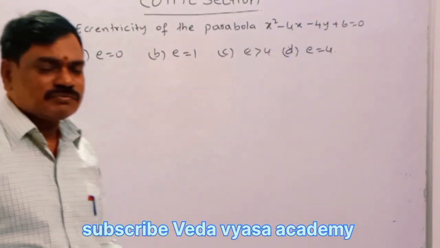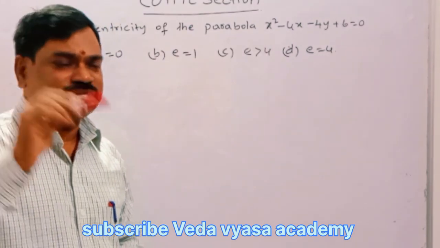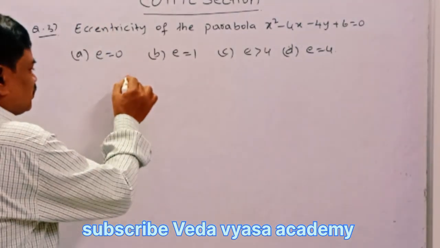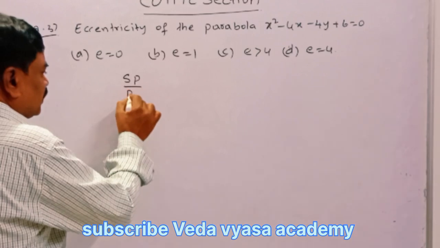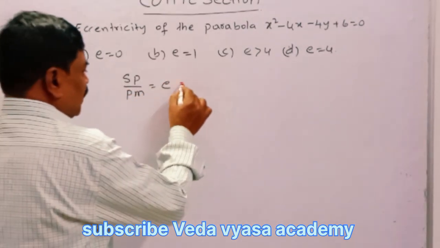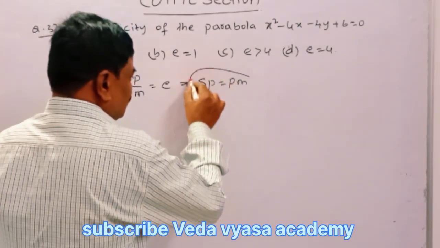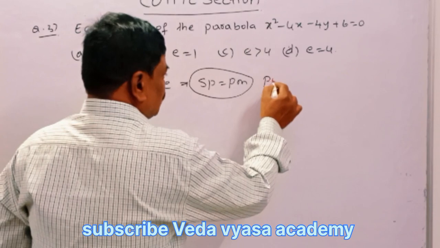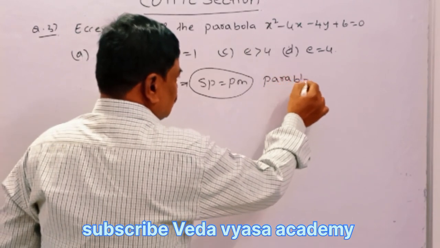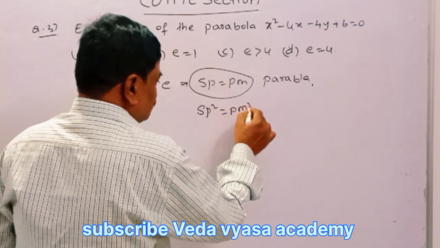We know that for a conic section, SP/PM = e, which implies SP = e·PM.